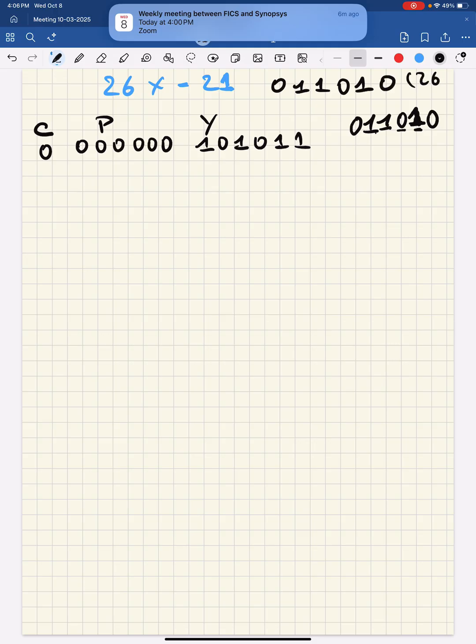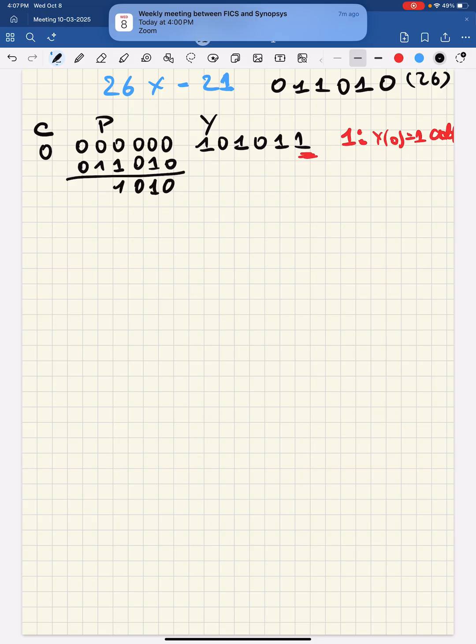Okay, now let's start our multiplication. First iteration: y0 is equal to 1, so we do addition. Adding 26 gives us the 0 here and 1, 1, 0, 1, 0. The result is 0, 1, 0, 1, 1, and then 0.